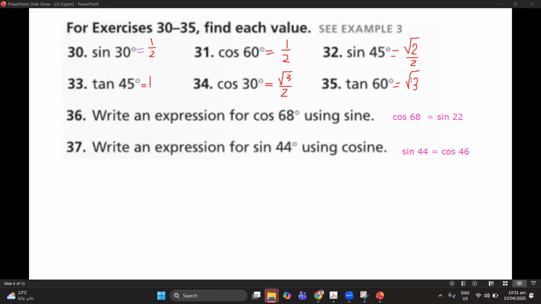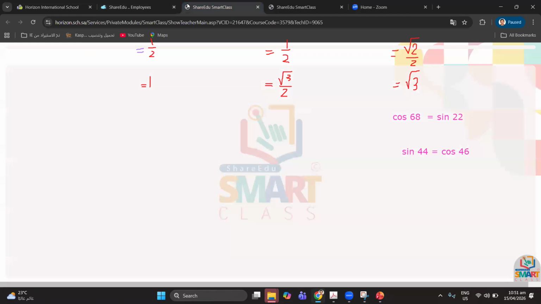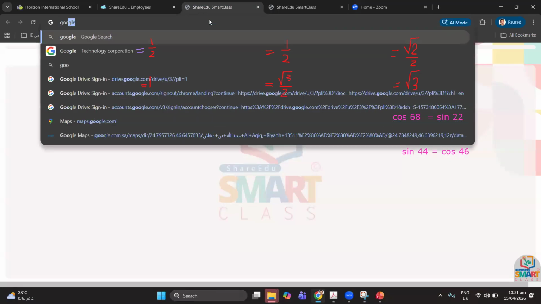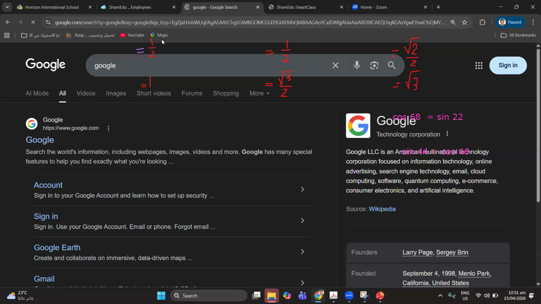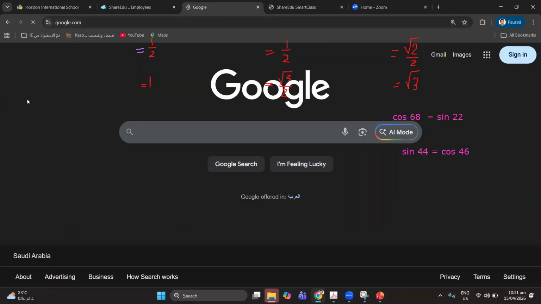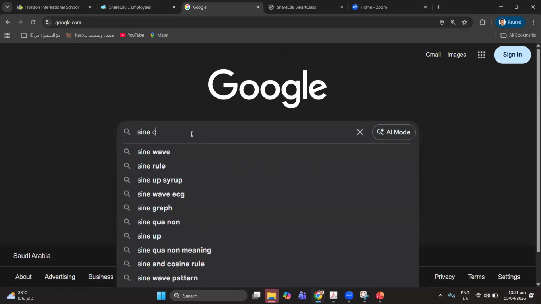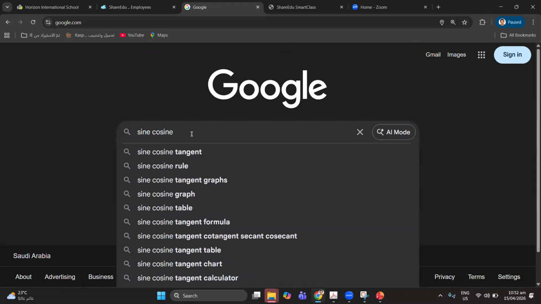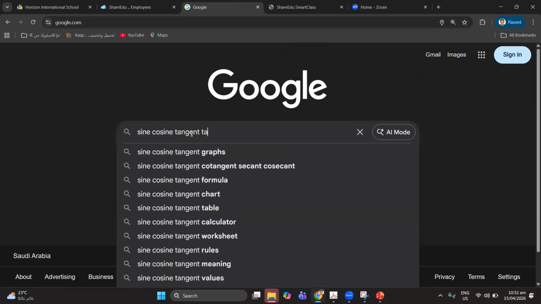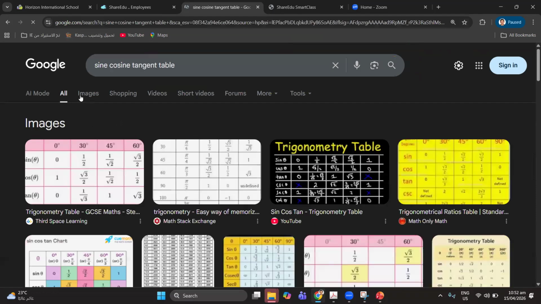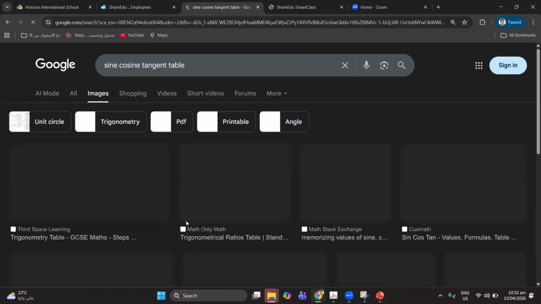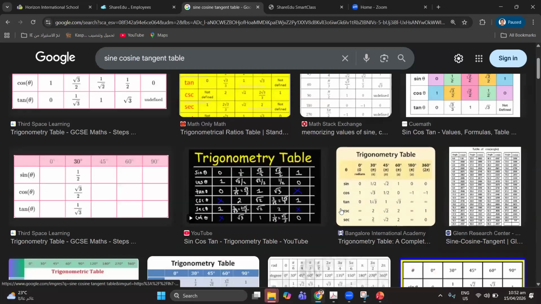Okay, before we finish the first session, I want just in case to show you the table for the tangent and the sine and cosine, the one that when I was at school they gave us to use in the exam.